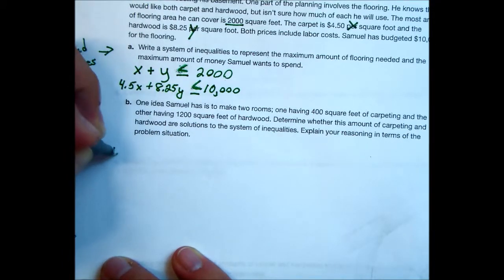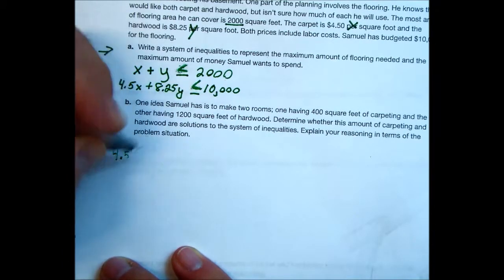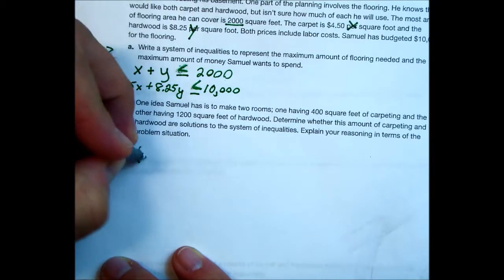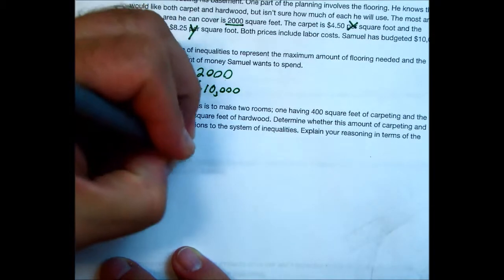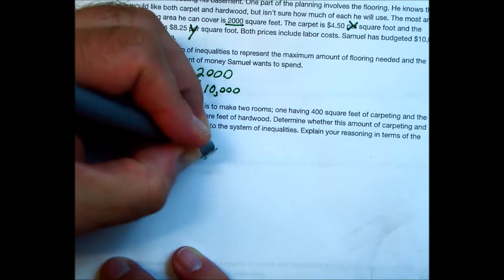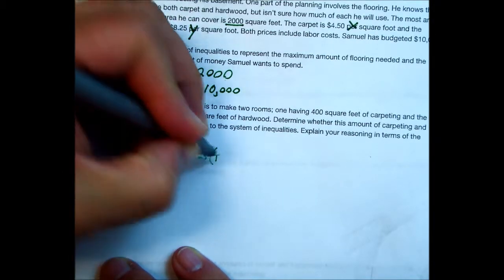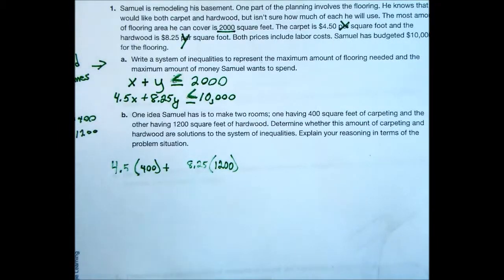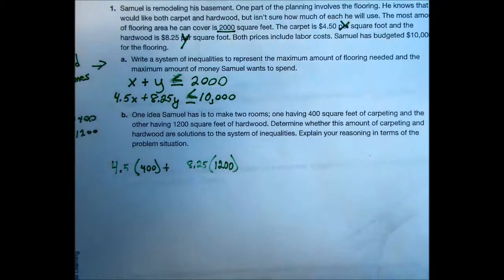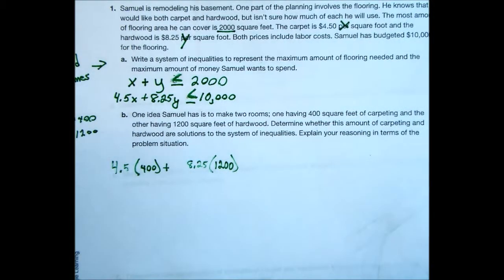So one way of doing it is we go ahead and put in 4.5 for x, 400 plus 8.25, and 1,200 square feet. And now we do the math. Well, let's see if it works. That means we have to take out our calculator.